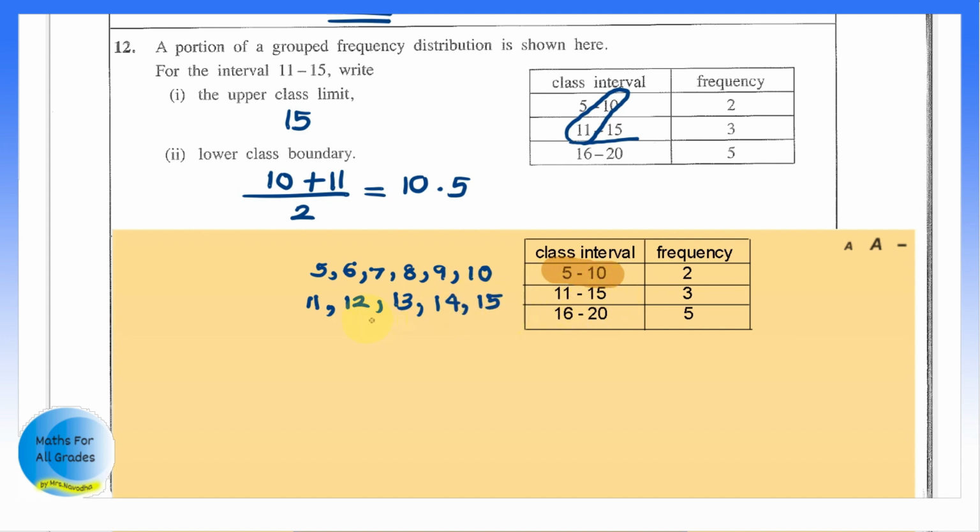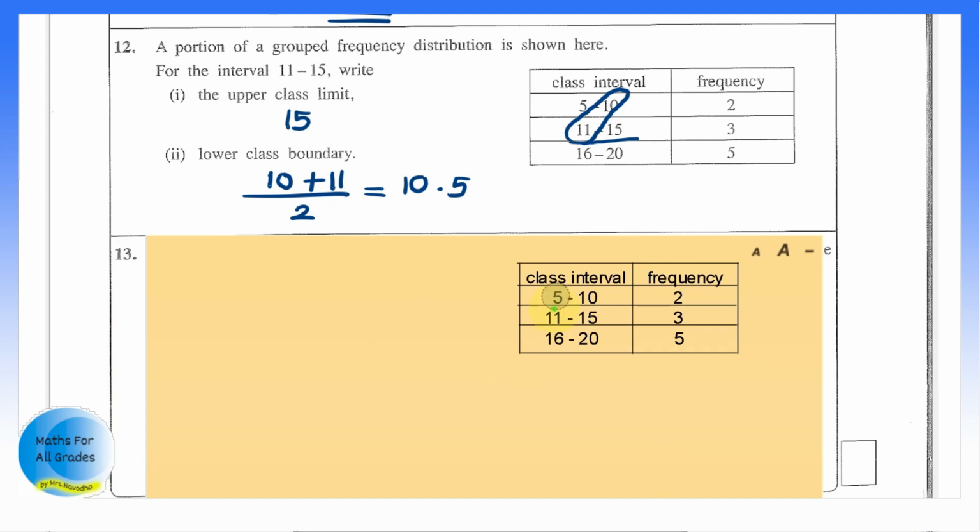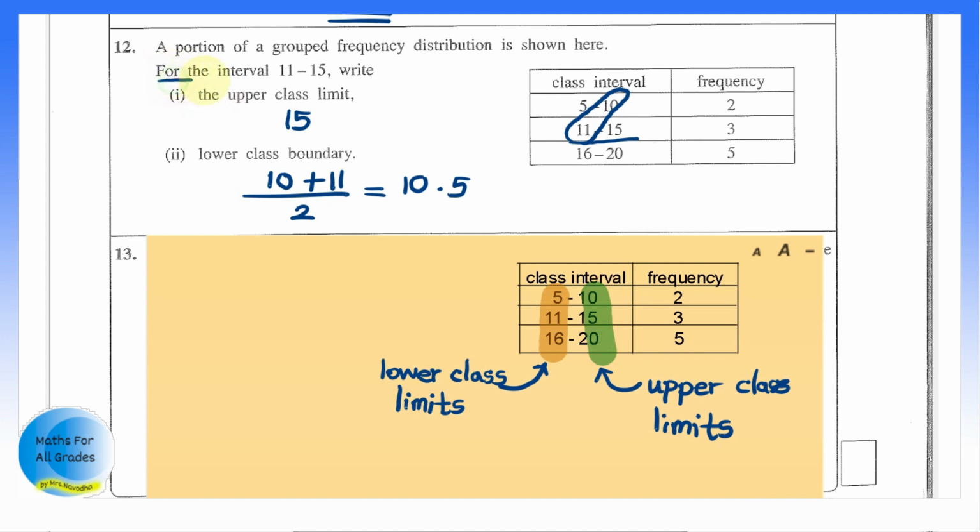And in the next class interval, 16, 17, 18, 19, 20. These are lower class limits and these are upper class limits. And here they are asking for the interval 11 to 15, what is the upper class limit? So look here, 11 to 15, the upper class limit is 15.